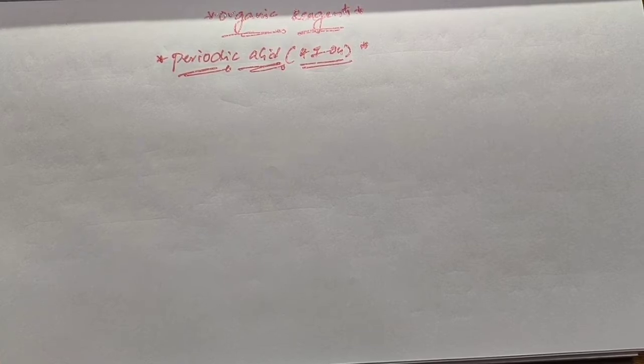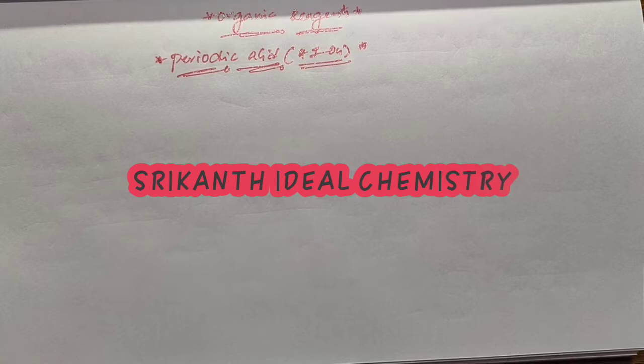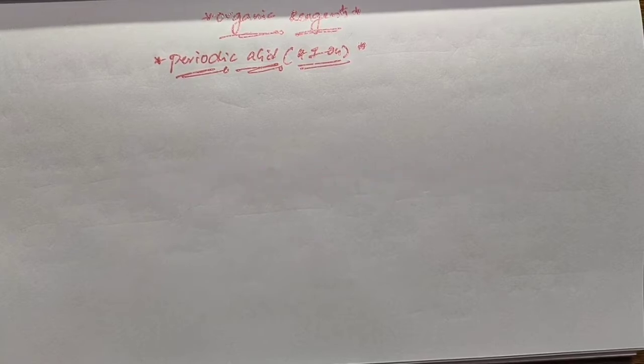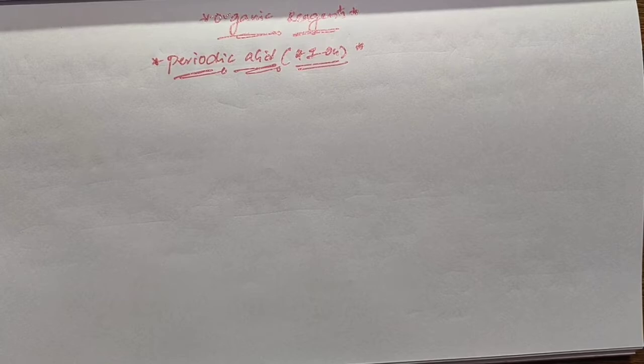So in the organic reagents, the next organic reagent is periodic acid, and its formula is HIO4. This periodic acid we also call iodic acid.